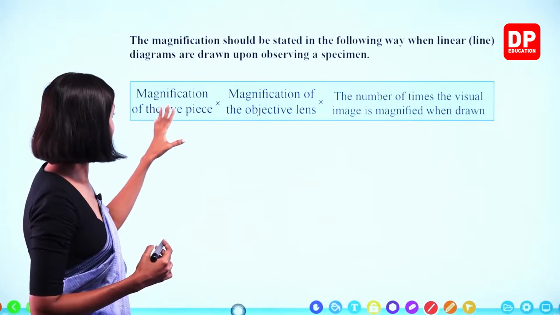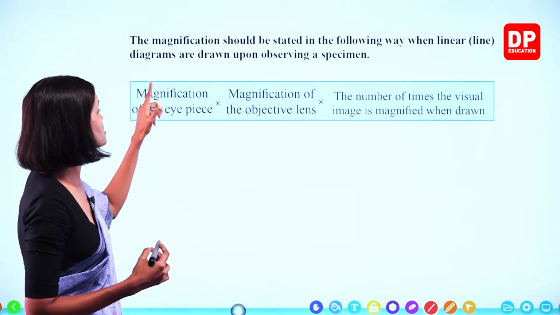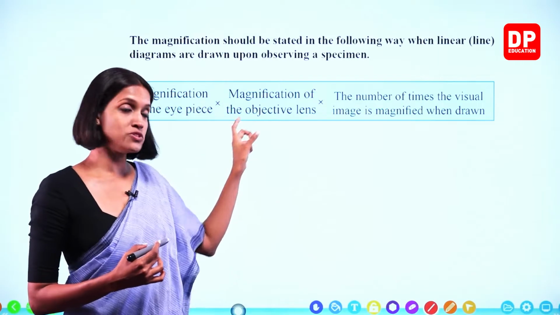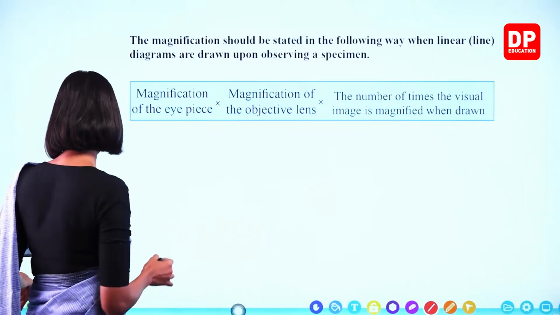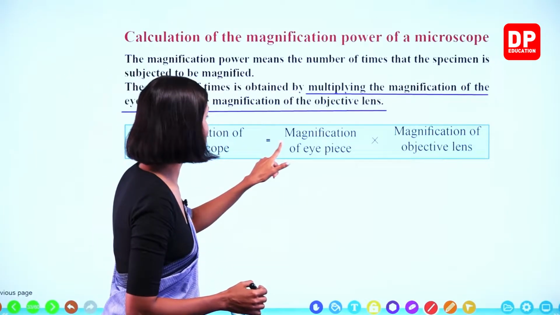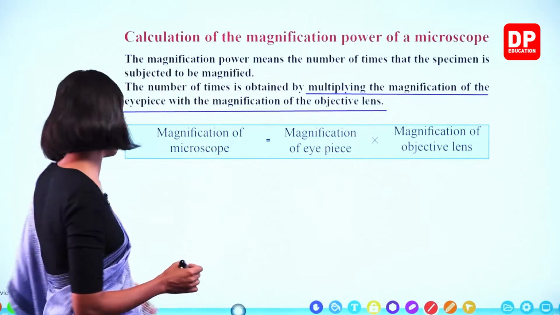Okay, now here the total magnification equals the magnification of the eyepiece and the magnification of the objective lens.